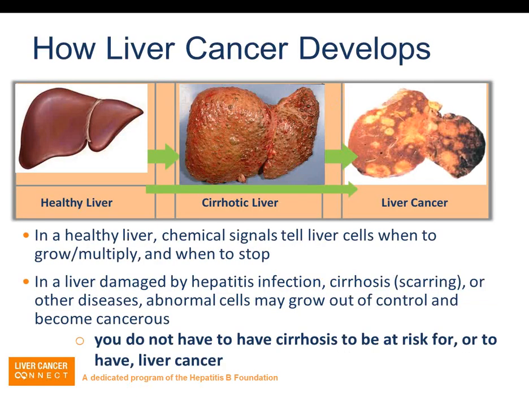What we're going to be talking about today is natural history, testing, surveillance, terminology, what you need to think about as a patient or a patient support person, and what the world is in terms of liver health as well as liver disease. Here we have a diagram of a healthy liver.